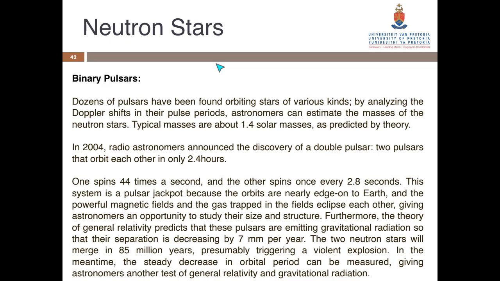The two neutron stars will merge in 85 million years, presumably triggering a violent explosion. In the meantime, the steady decrease in orbital period can be measured, giving astronomers another test of general relativity and gravitational radiation.